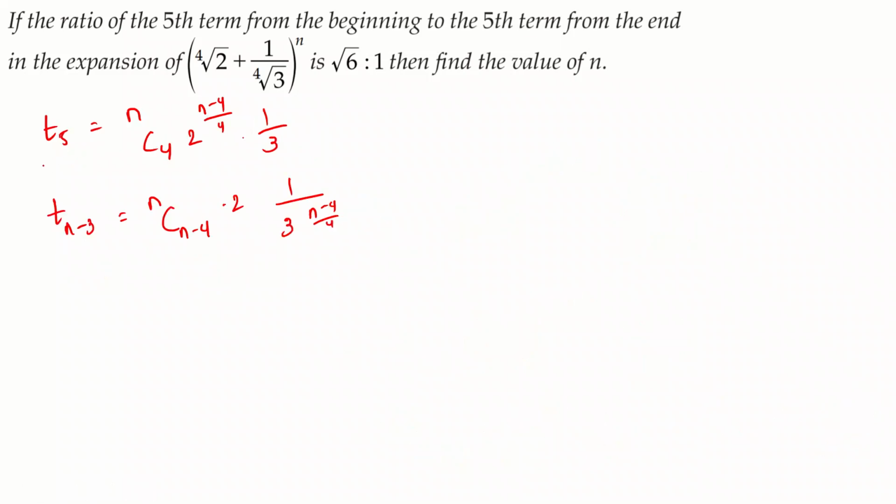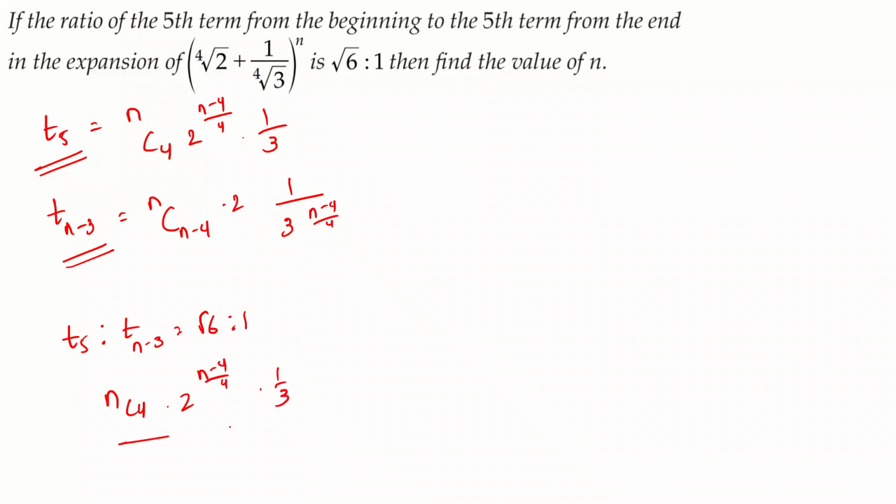Okay, so we have found out T5 and Tn minus 3, and now we are given that T5 is to Tn minus 3 is equal to root 6 is to 1. So we just write it down as T5 by Tn minus 3 is equal to root 6 by 1. So what we have is nC4 into 2 to the power of n minus 4 by 4 into 1 by 3.